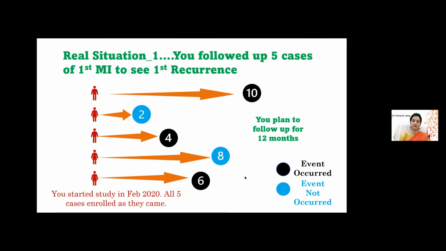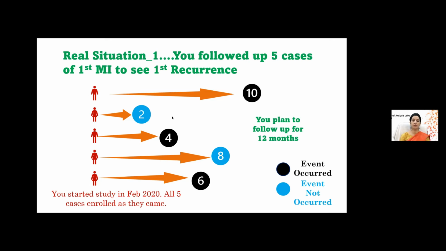So if you have to calculate the mean time of happening the event now, then how will you calculate? Yes, all of you. So 10 plus 4 plus 6, that is 20 by 3, 6.7.